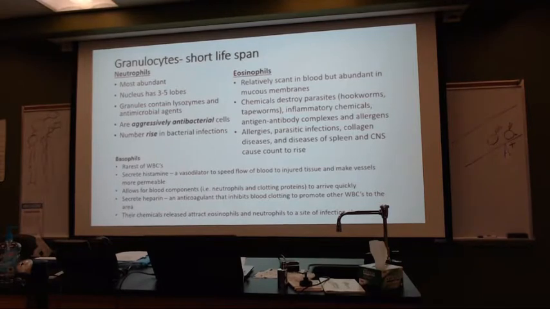They're going to have antigen-antibody complexes in their chemicals. And they're going to have the ability to work against allergens. So therefore, they can work against allergies, those parasitic infections.